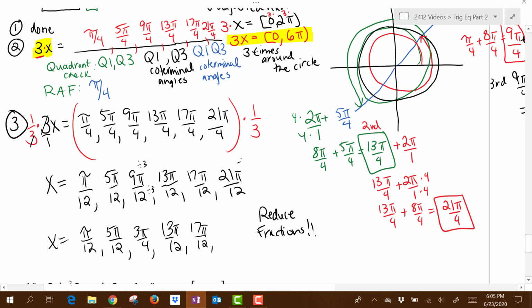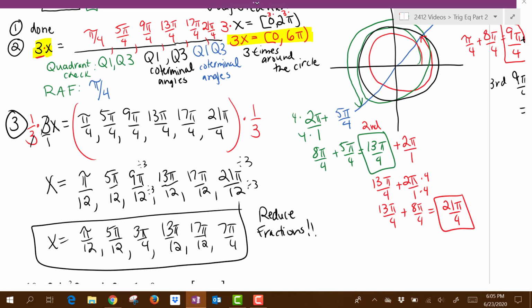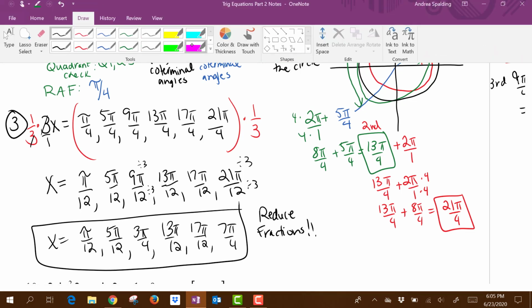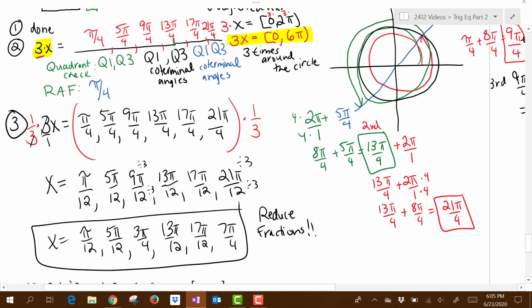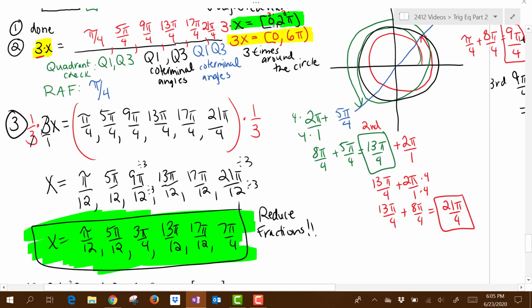And 21 and 12 are also both divisible by 3, so I get 7 pi over 4. Alright, so this is our final answer. And all of these angles are going to fit within the original given interval for x between 0 and 2 pi.